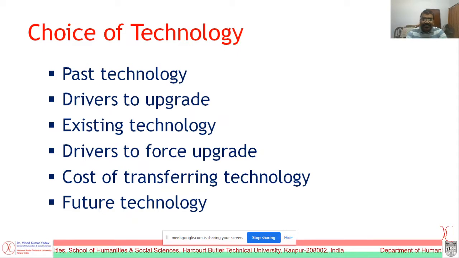That means you can understand, as a technology consultant, HBTI being technology consultant of Ghadi detergent, you can understand in our department with teachers the technology which is being used in Ghadi detergent cake for whiteness on the stainless steel surface after cleaning.